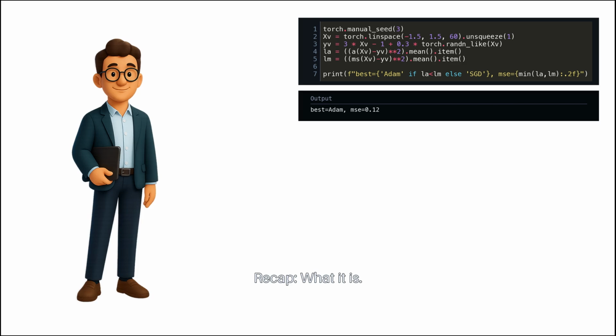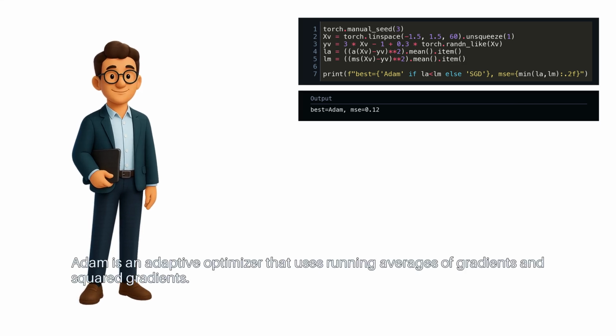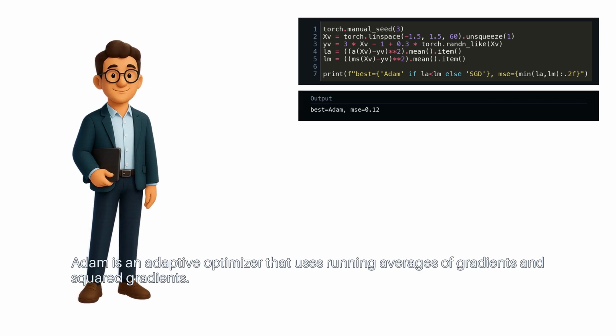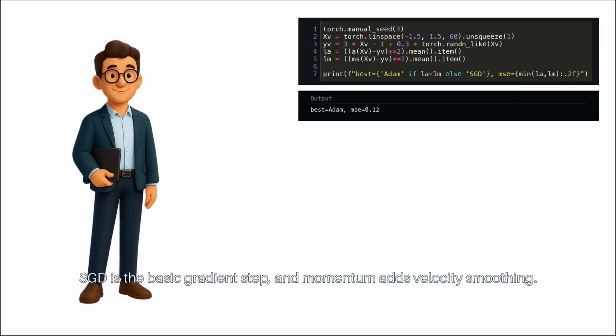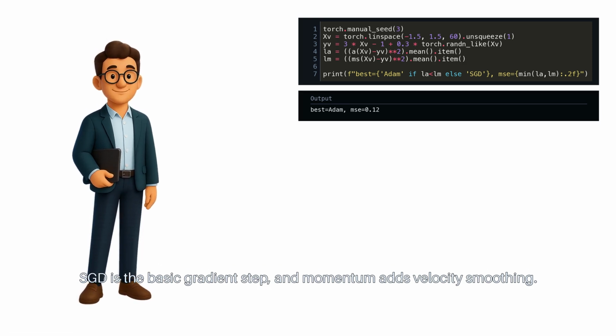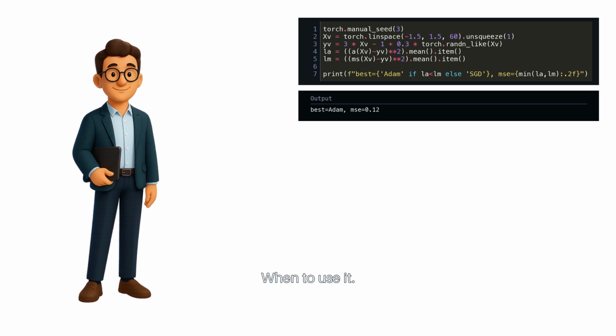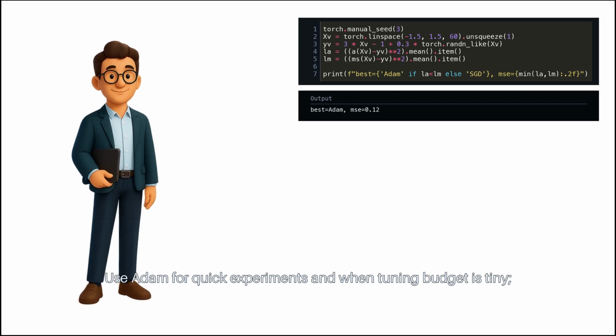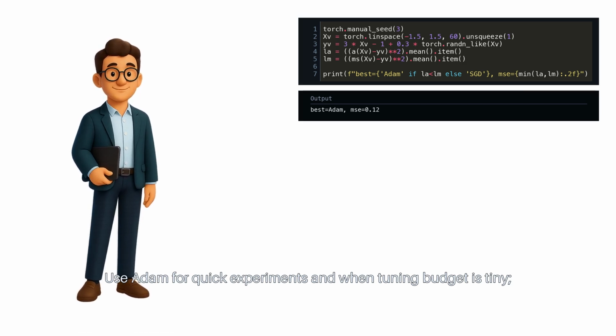Recap: Adam is an adaptive optimizer that uses running averages of gradients and squared gradients. SGD is the basic gradient step, and momentum adds velocity smoothing. When to use it? Use Adam for quick experiments and when tuning budget is tiny.